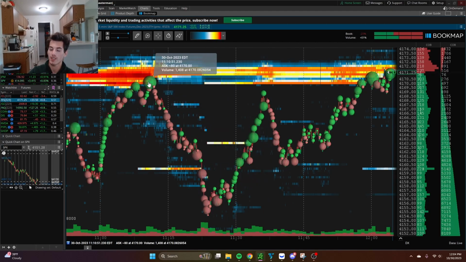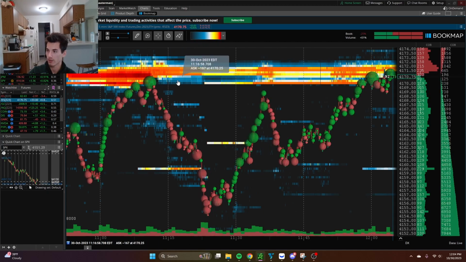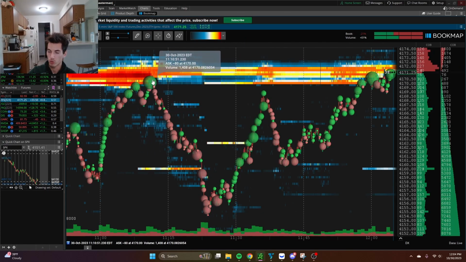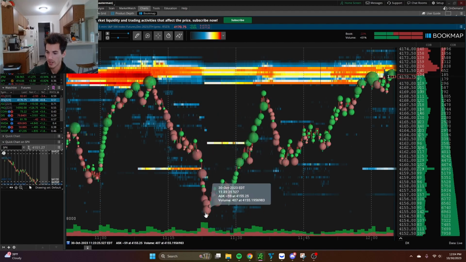So when you see green dots at a selling price, in the red, right? When you see green dots in a higher liquidity zone and that gets absorbed, then you would think that price would now come on down.